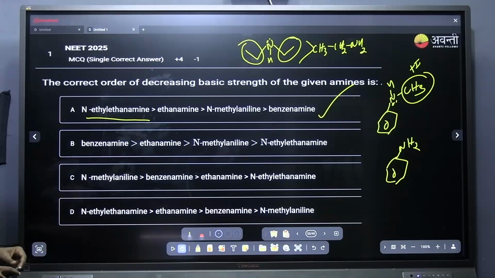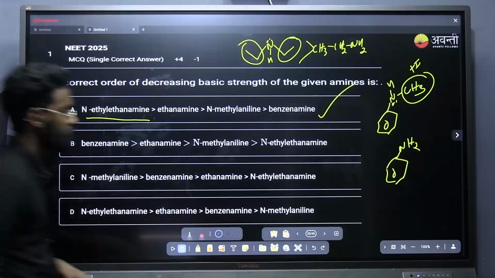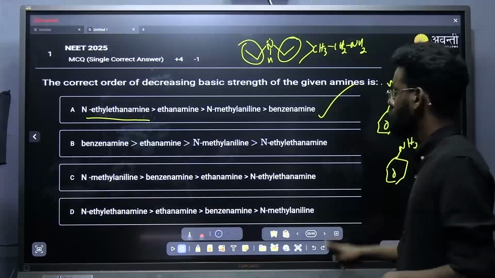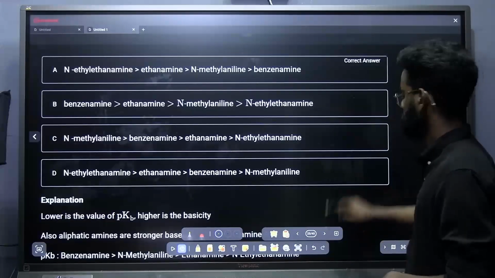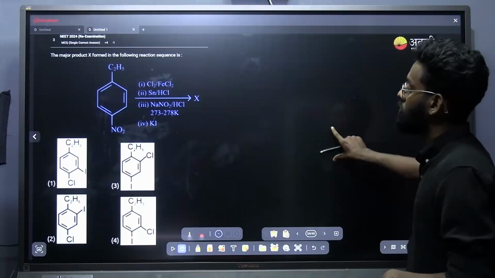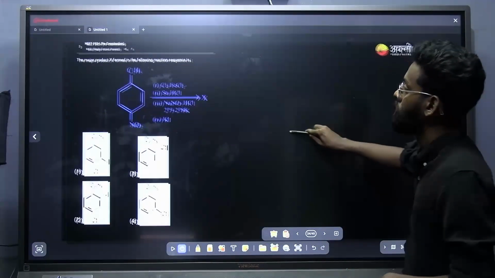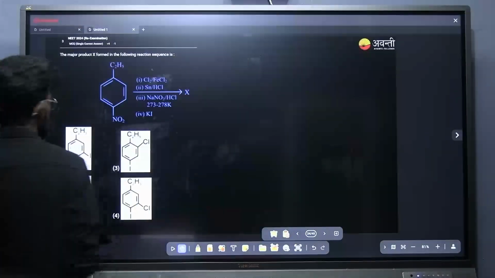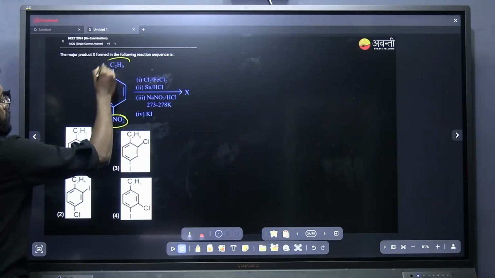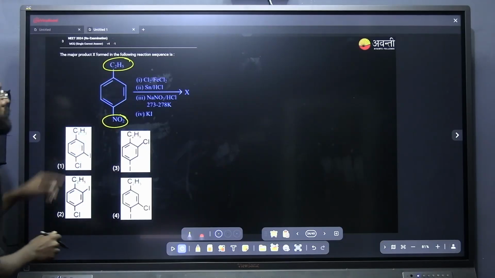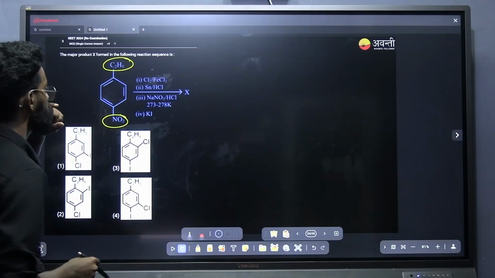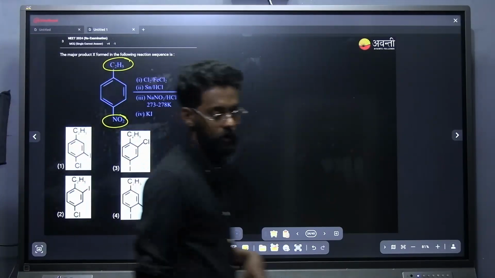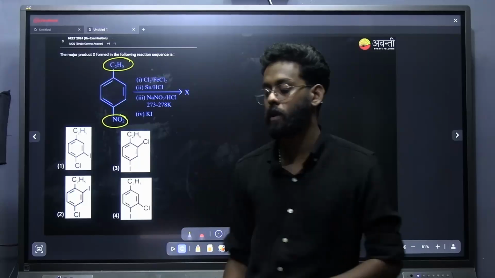Yes. Okay, now the next question, go through it all of you. A nitro compound is there and also a C2H5 group is there. It is treated with Cl2 in presence of FeCl3, then Sn/HCl, then NaNO2/HCl, then treated with potassium iodide. What is the final product?